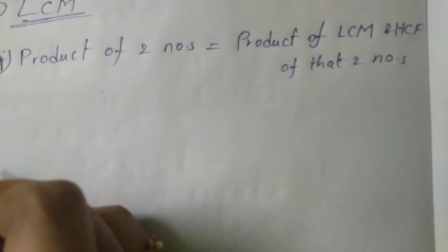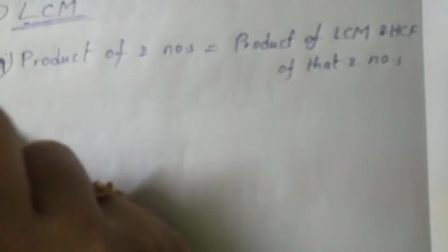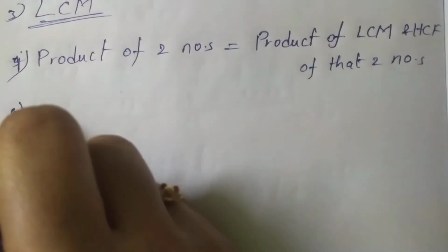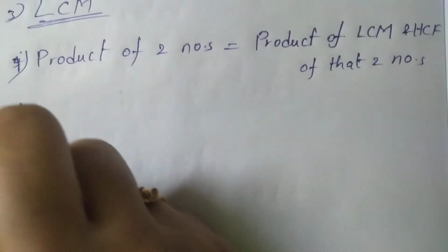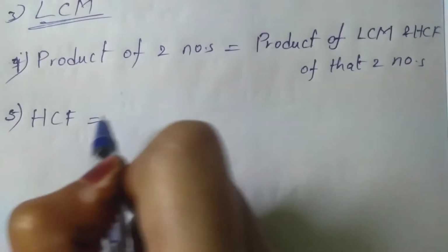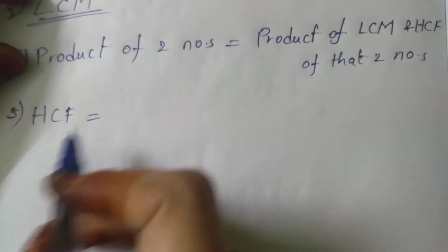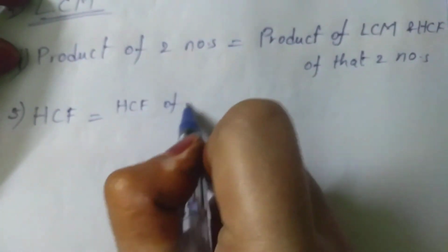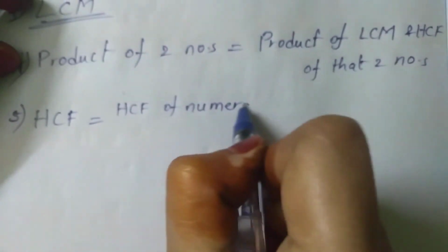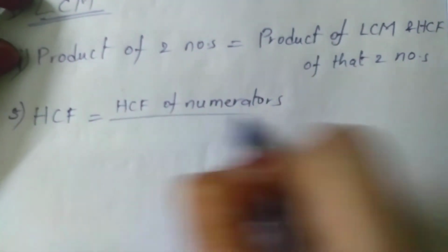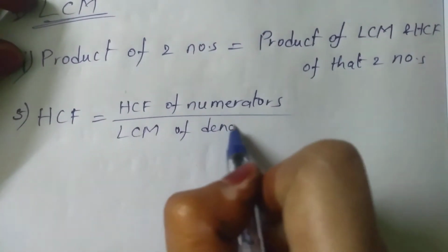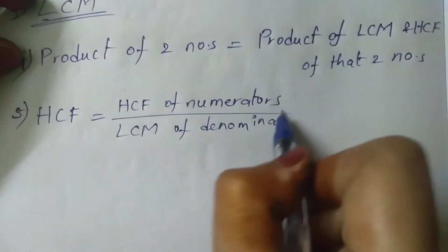The next is fractions, means LCM and HCF of fractions. HCF of two given fractions is equal to HCF of numerators by LCM of denominators.